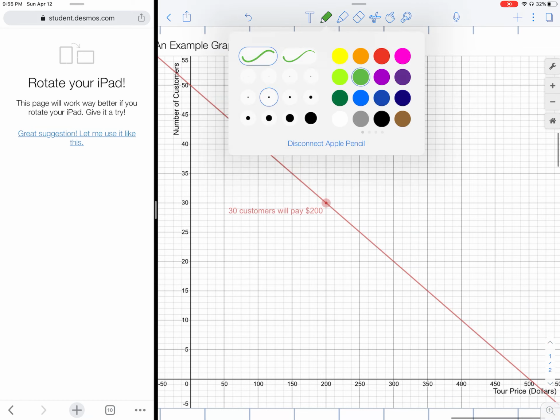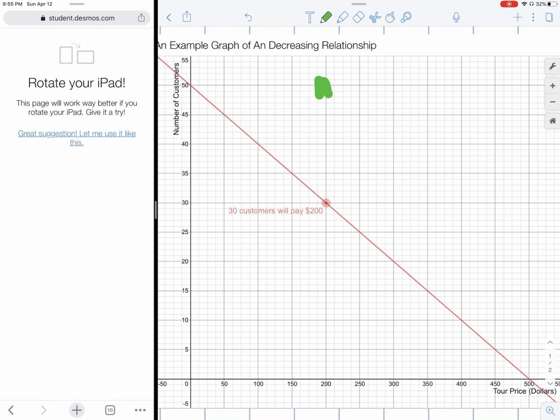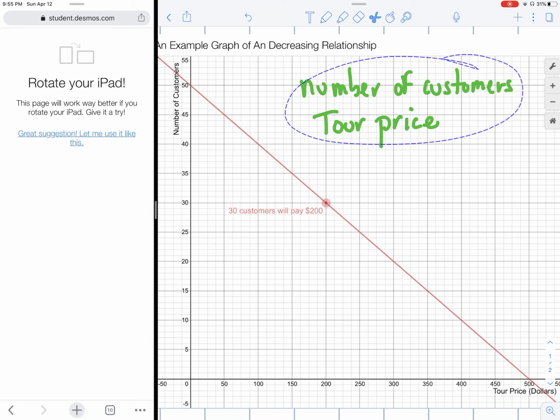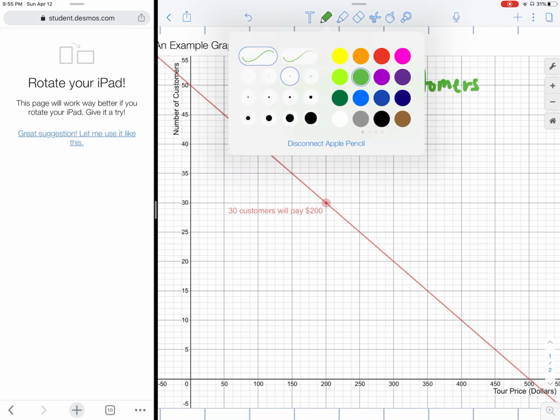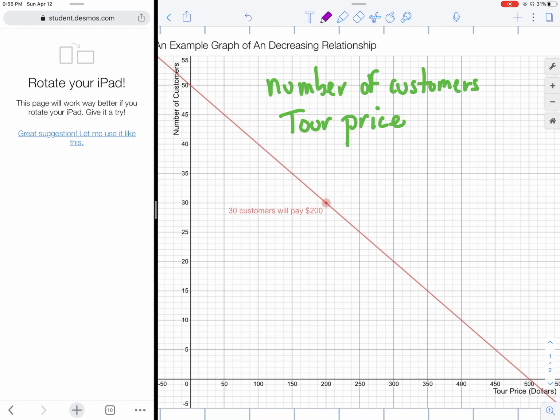is that we have two variables. We have number of customers, and we have the tour price. So if I increase the tour price, let's say instead of $200, I say I want to go to $350.